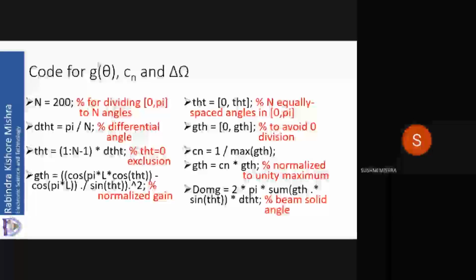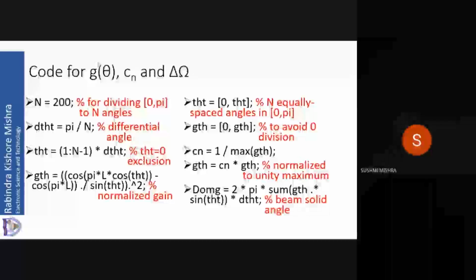Then we will find out what is the d omega. So find out d omega using the expression for d omega. Write it in the computer code. It will be 2 star pi. In the MATLAB, pi means pi. It takes the value of pi as 3.141. So don't worry about that. Simply write pi. Wherever you require pi, simply you can write pi. So d omega is equal to 2 star pi star sum of GTST dot star sin TST.